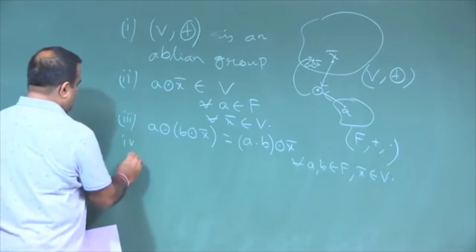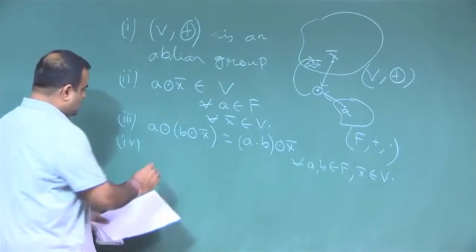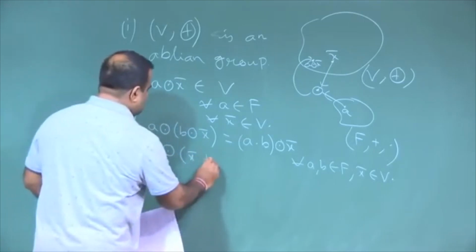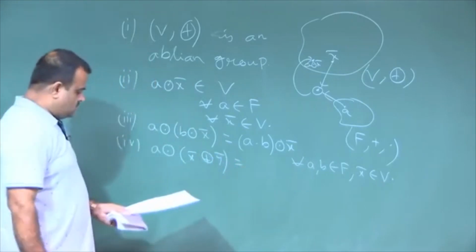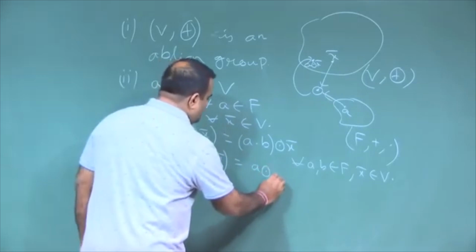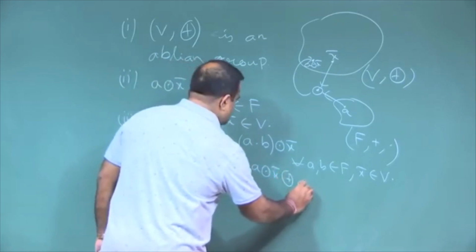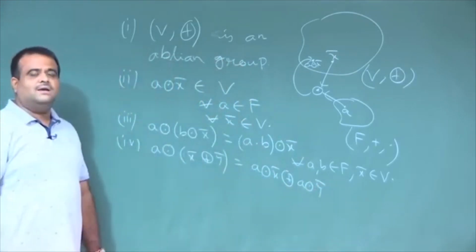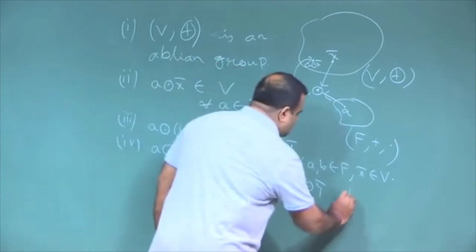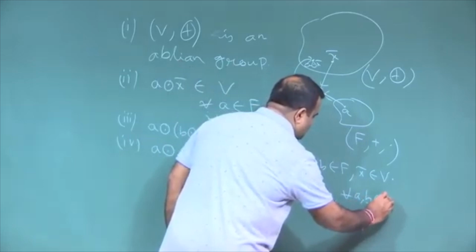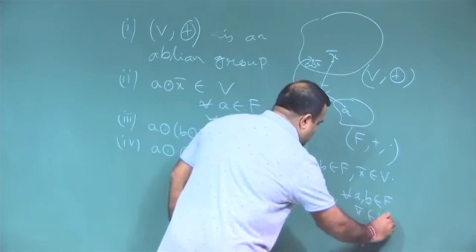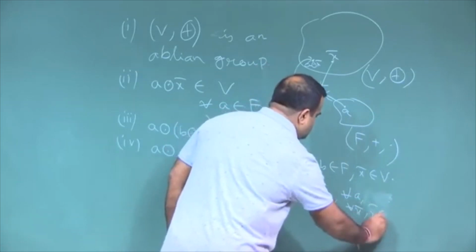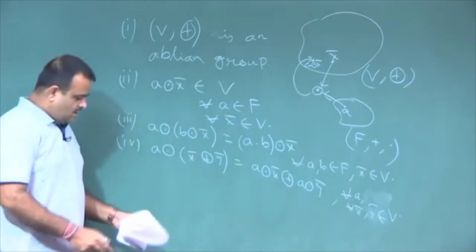Another property is, say A operated with (x plus y). This should be equal to A operated with x, then A operated with y, and this must be true for all x, y and A. This must be true for all A, B belongs to F, and all x, y belongs to V. Okay.